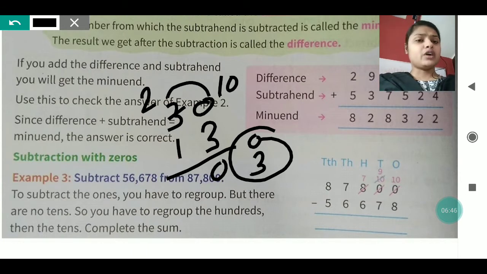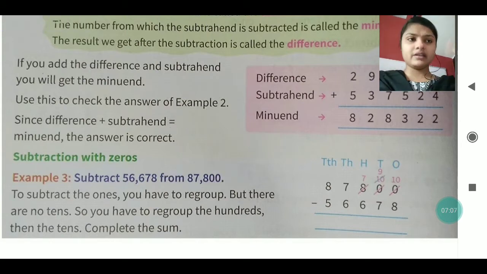If only a one digit number is there, it's easy: 0 minus 3 or 3 minus 0, we can get 0 or the number itself. But if it is a two digit or three digit number, then we subtract by taking the carry, which we will learn later onwards.